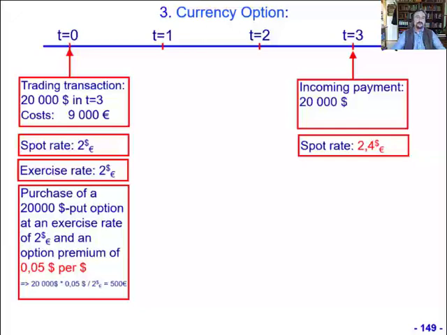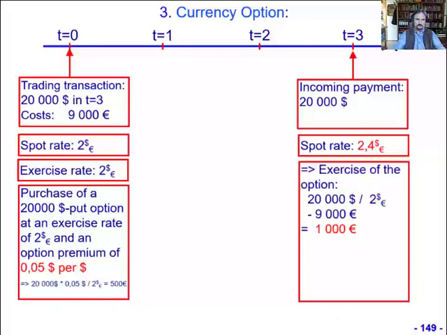Now let's assume that 3 months ahead the spot exchange rate for dollar to euro is 2.4. So the euro has appreciated. In this case, we would of course exercise the option, since the option allows us to exchange our $20,000 sales income at a better exchange rate, where the dollar has a higher value compared to the euro.